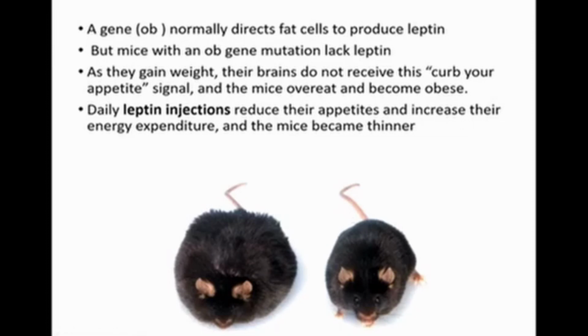So it can restore that homeostatic balance if we artificially reintroduce the hormone that they are unable to produce because of a mutation. And so that's why we know this is the function of leptin, because we can manipulate whether they do or don't have leptin, and we see the changes in body mass, which is super cool.